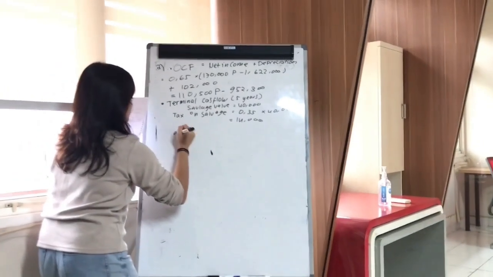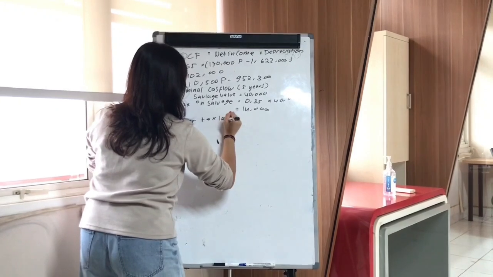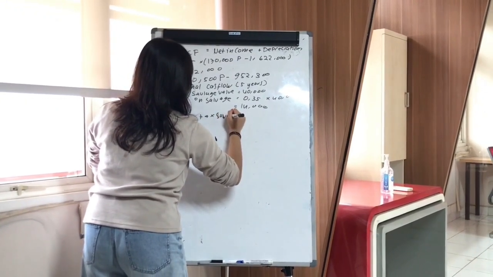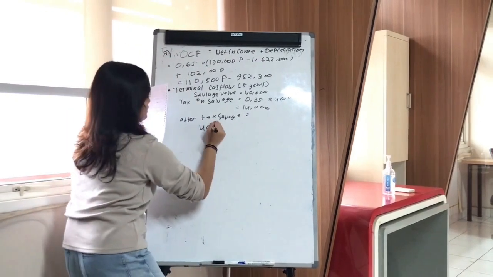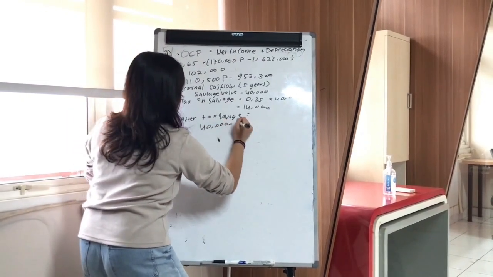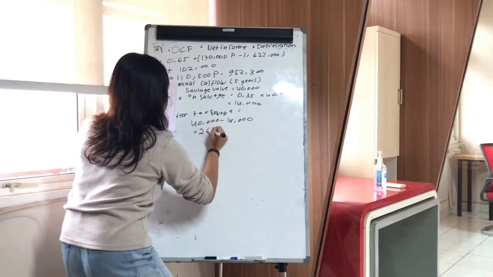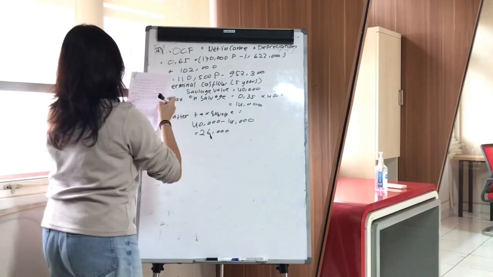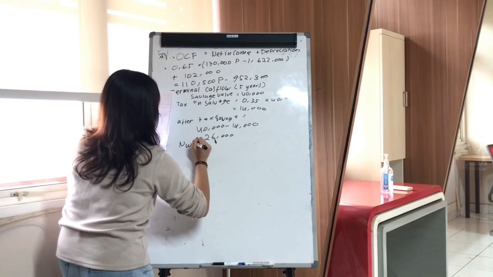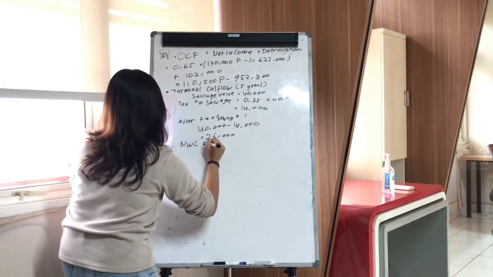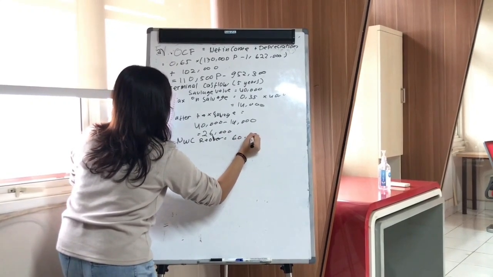And then we will look for the after tax salvage, and that is 40,000 minus 14,000. We will get 26,000. Okay, now we also know that the NWC recovery is equal to 60,000.